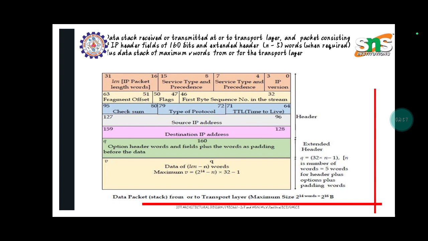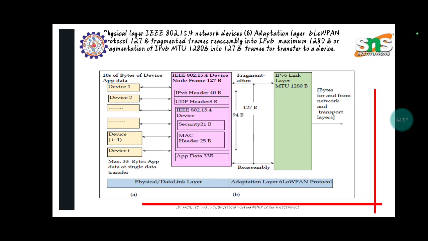Then it is an IEEE standard network with device 1, device 2 and so on. These are connected to the IPv6 header 40B, UDP header 8B, IEEE 802.15.4 device and security 21B, a MAC header 25B and the app data. These are connected to the IPv6 link layer and PMTU 128B and the physical link layer, adaptation layer.